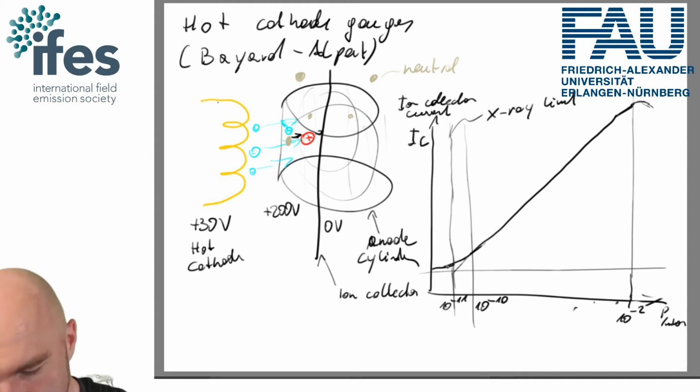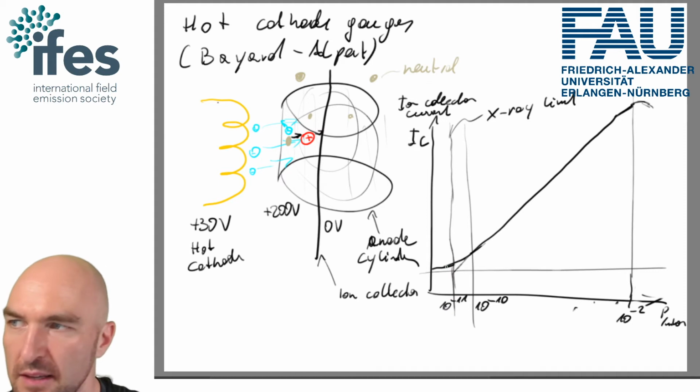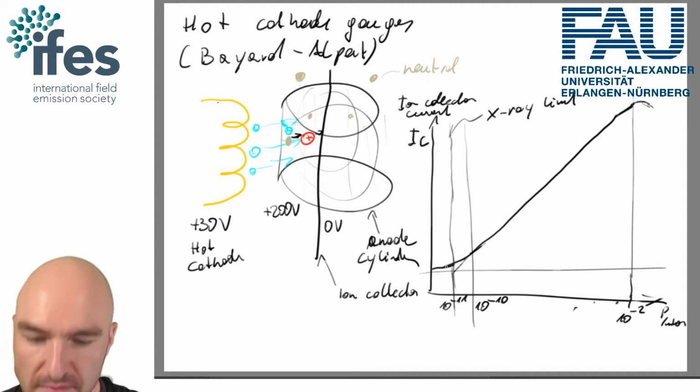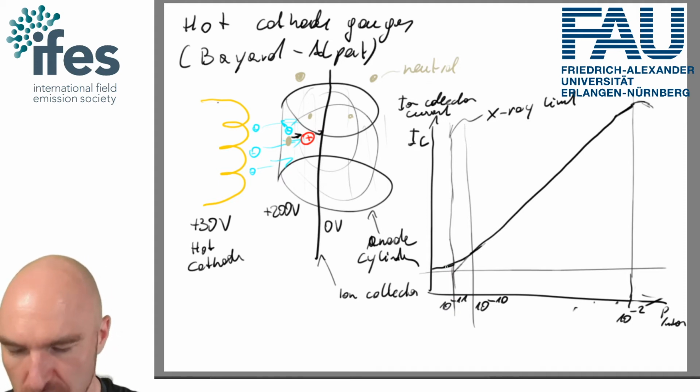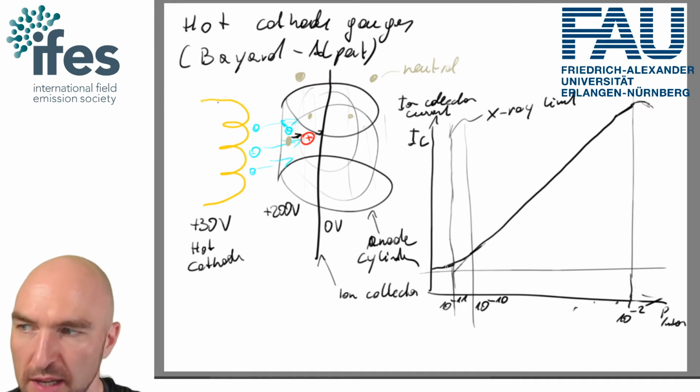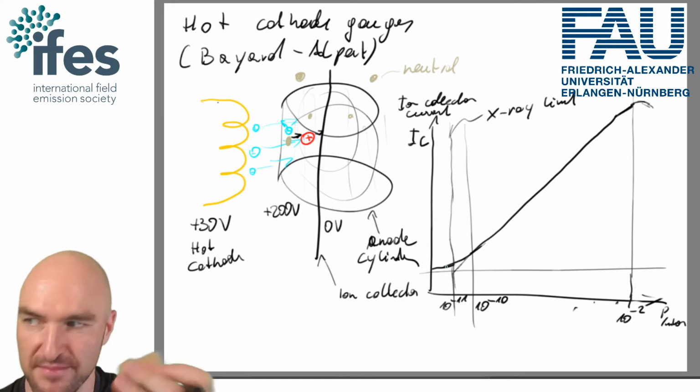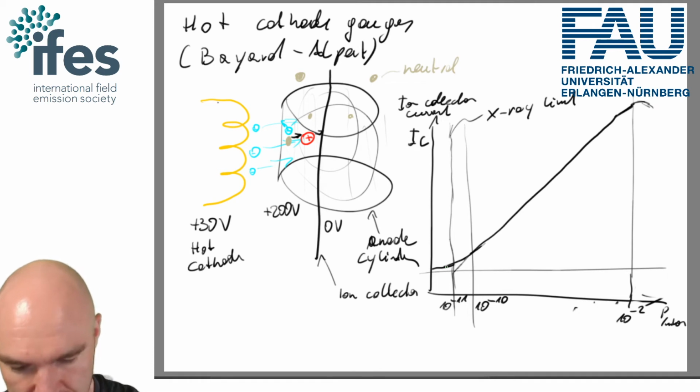You can extend that limit a little bit by having an extractor type gauge. I'm not going to go into detail what an extractor type gauge is, but you can additionally extract ions, and then go down to about 10 to the minus 12 millibar.